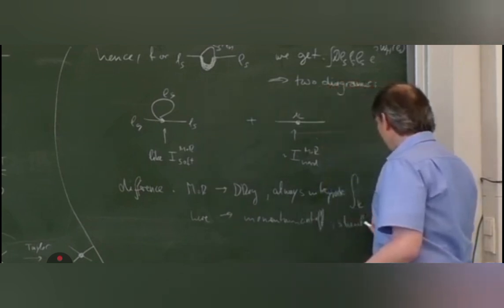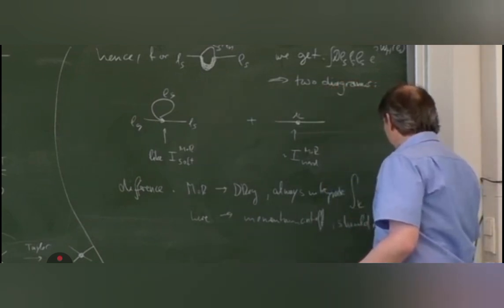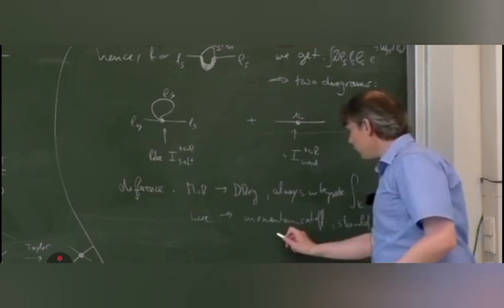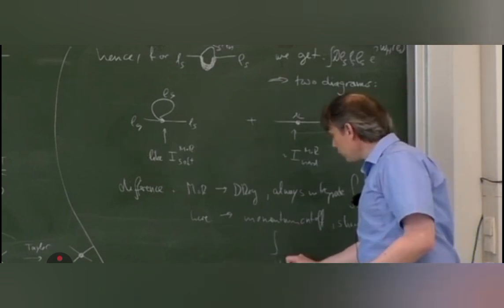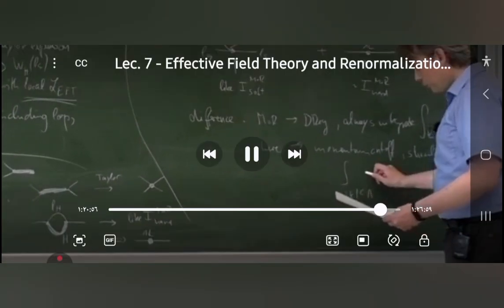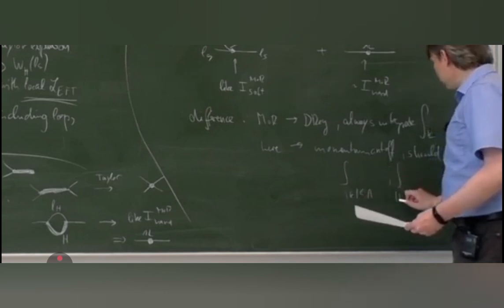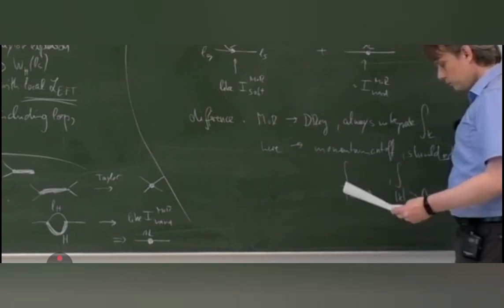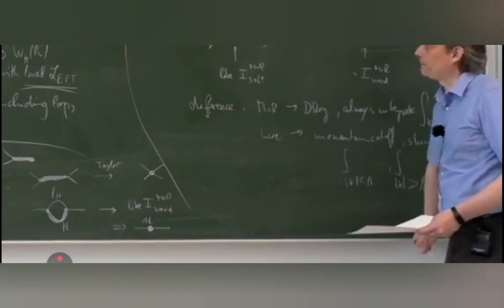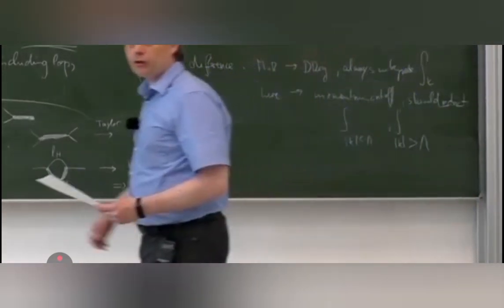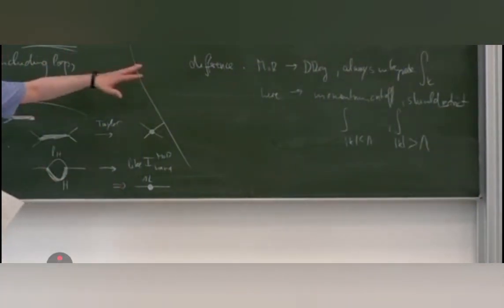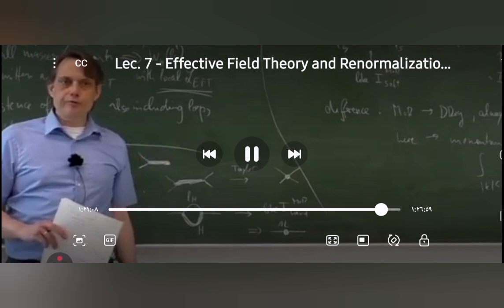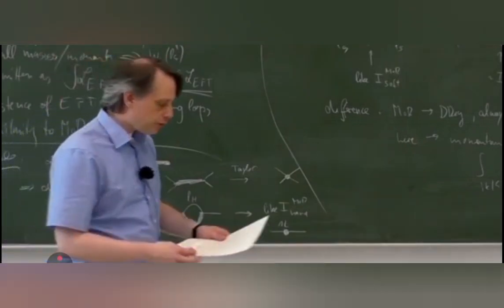So we should restrict the integral to something like k smaller than lambda or k bigger than lambda. So technically it's a little bit different, but anyway it gives us a good intuitive understanding of the entire structure which has emerged.